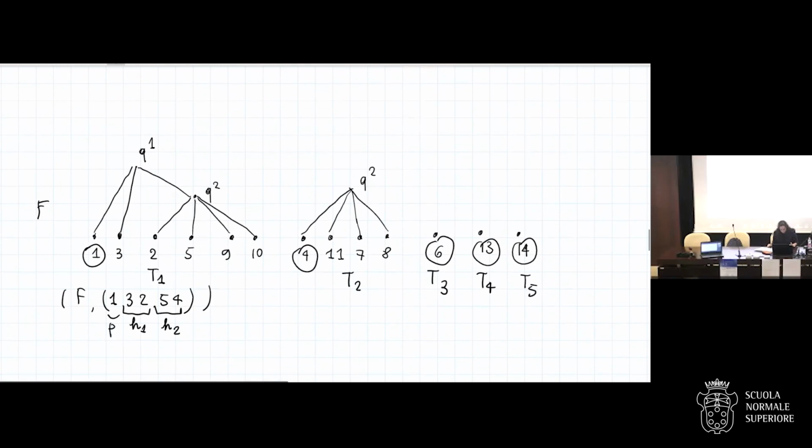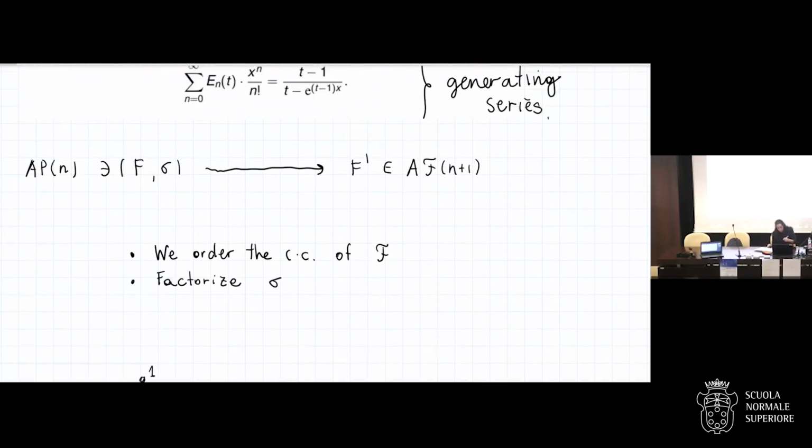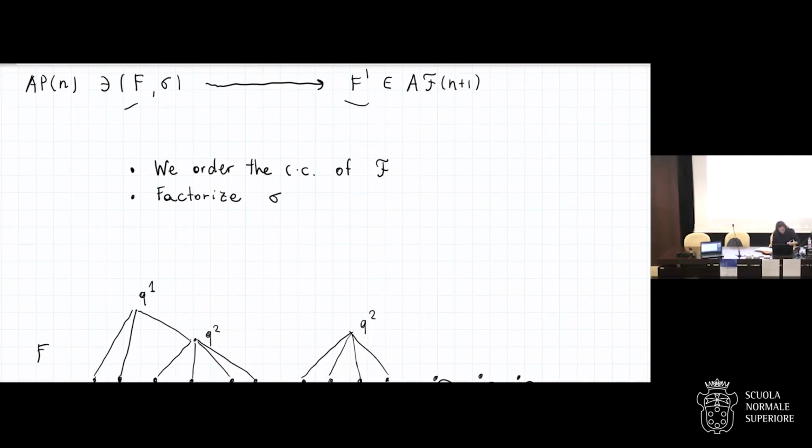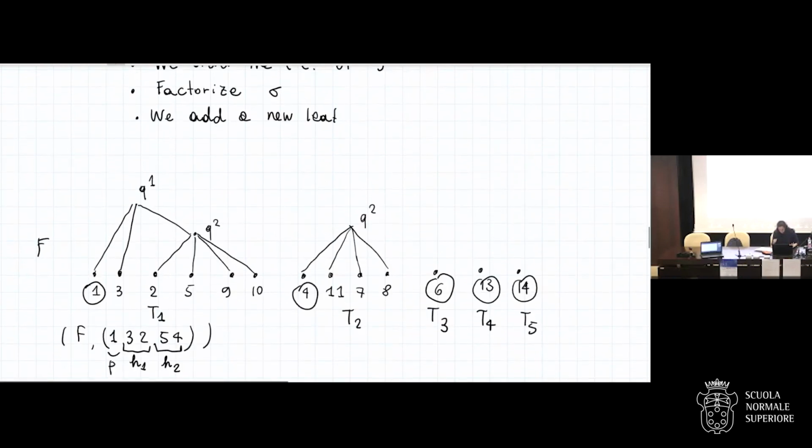So we want to end up with a forest which has 1 leaf more than F. So we start, of course, by adding a new leaf. This leaf will be labeled n+1 if n is the number of leaves of our forest. So we just add here 15.